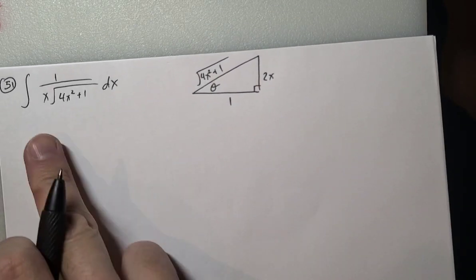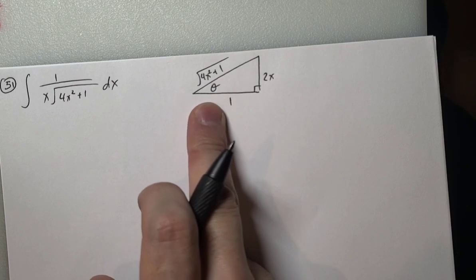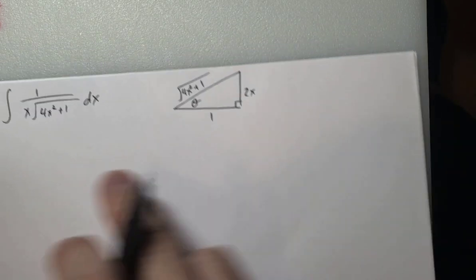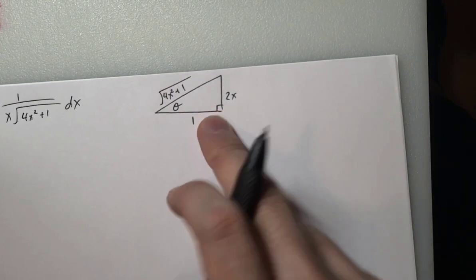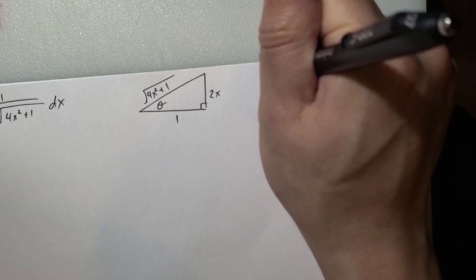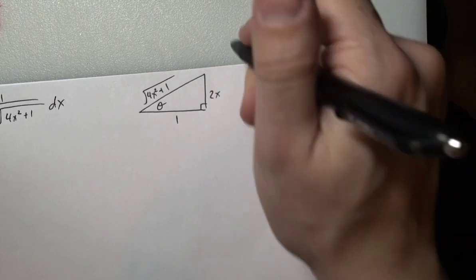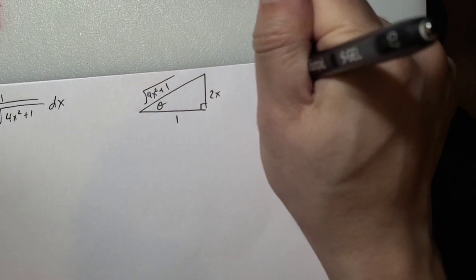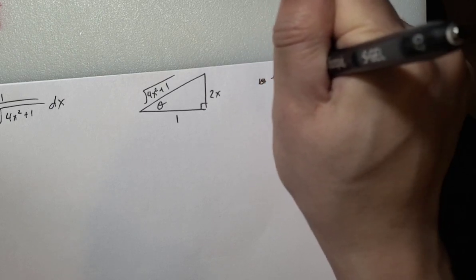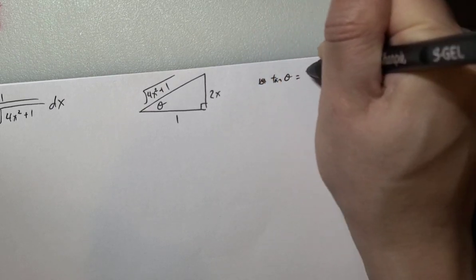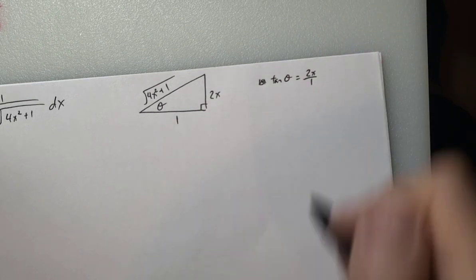So let's do a trig sub. We want everything here in terms of theta. So how do we do that? We need x. So to get x, let me go a little slower here because this is 2x here. Tangent theta is 2x over 1.